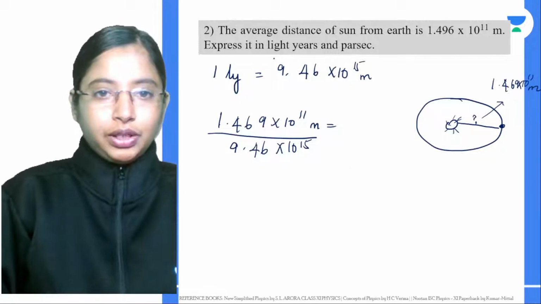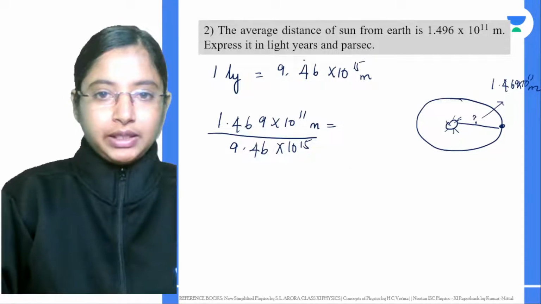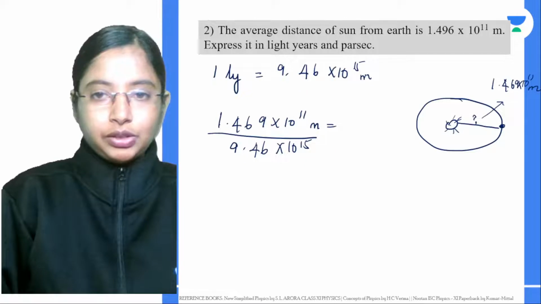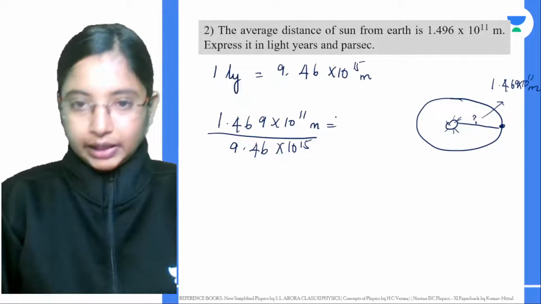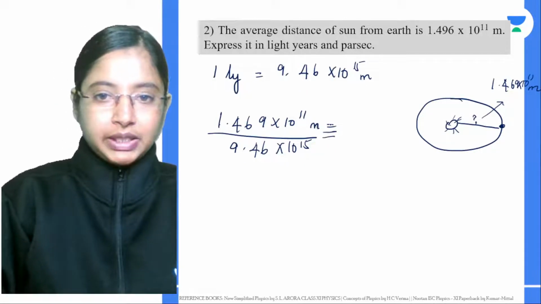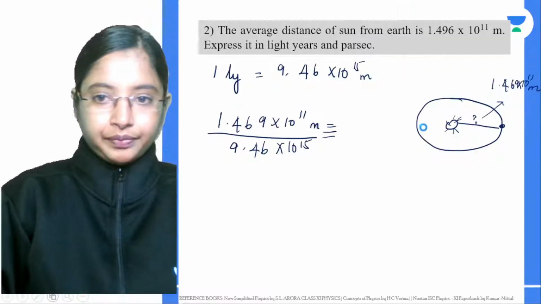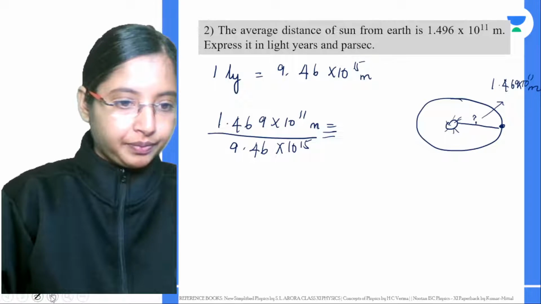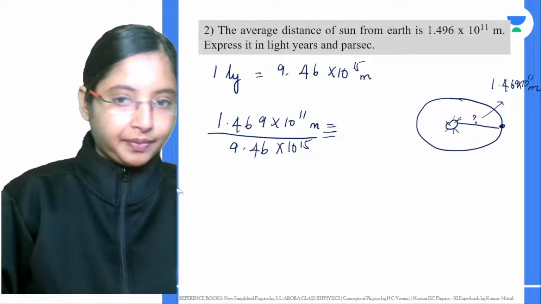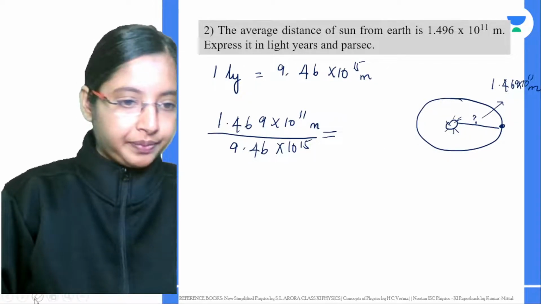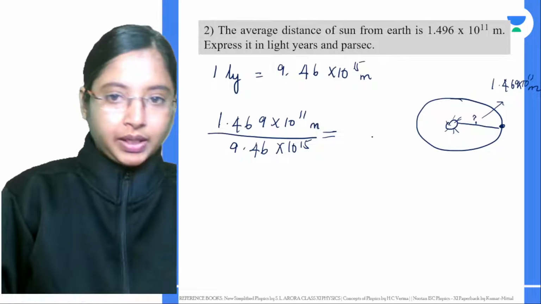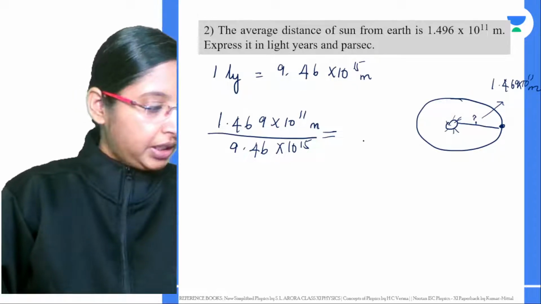So if you want to express this in terms of light years, you divide by 9.46 into 10 to the power of 15 meters. If you solve for this, you will get around 1 point.